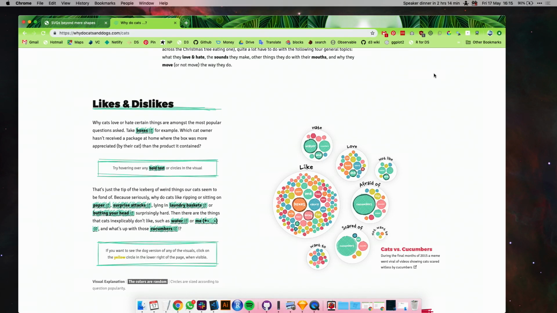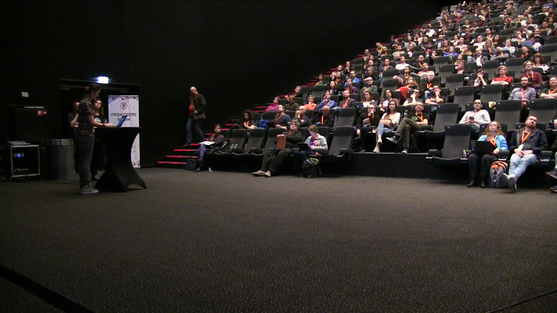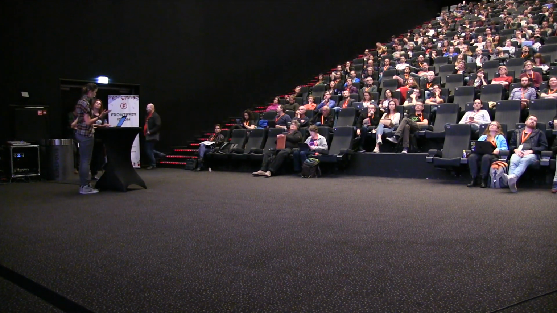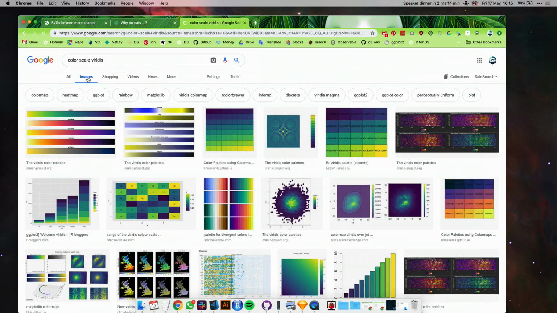There's also something you can do with a color scale. There are some color scales that have been made not only to cycle through hues, but also to cycle through luminosity.